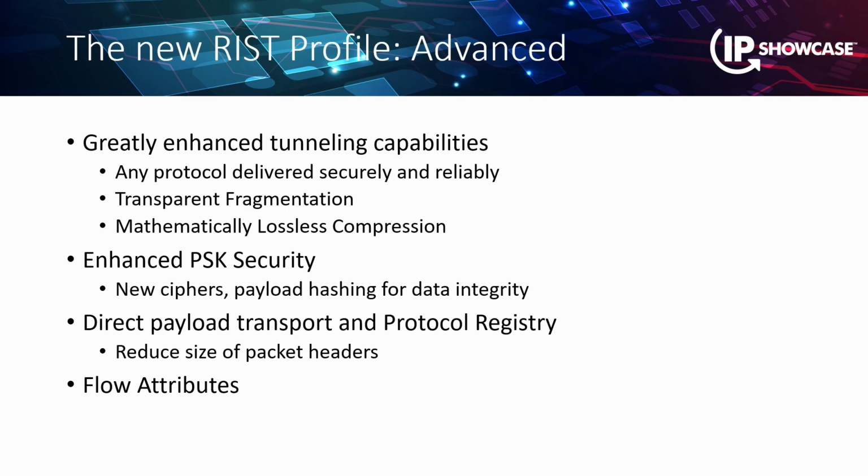Something that has existed for a while, just your zips and LZs that do lossless compression. You get the data just back. The other thing is enhanced PSK security, so more ciphers for PSK. Instead of just AES, you have ChaCha, for example.